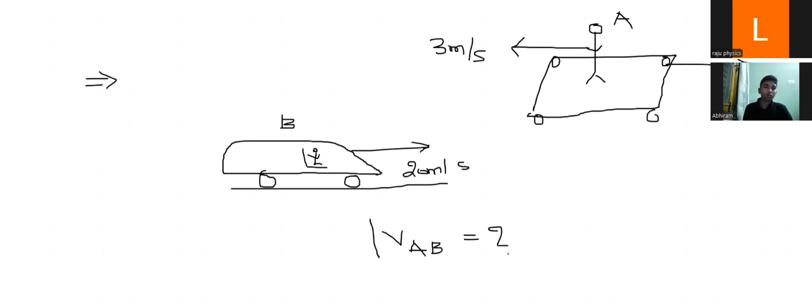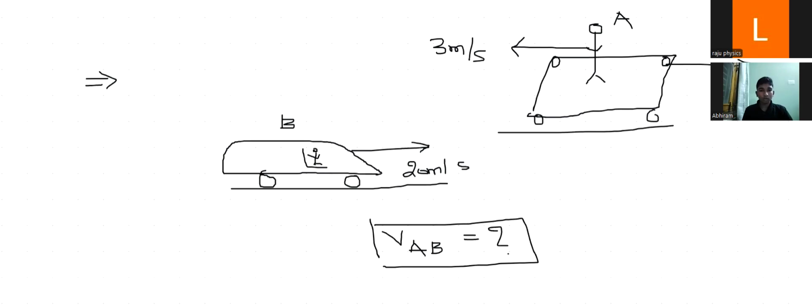Please copy it, Abhi. Both are on the road only. Both are moving on the same road, Abhi. Same road. 7? Same. Minus 7 also?